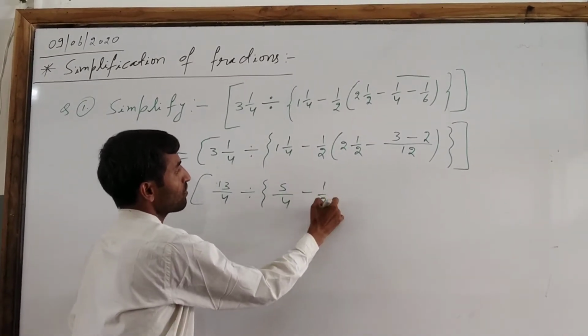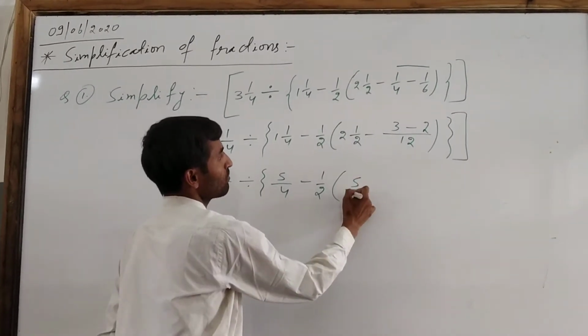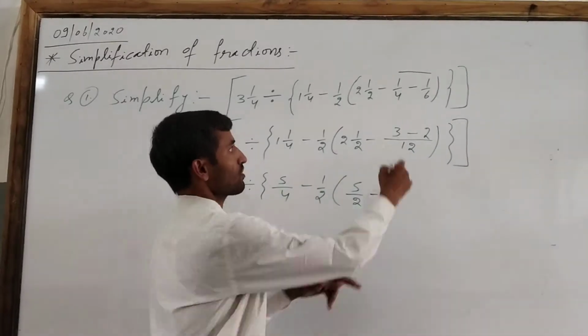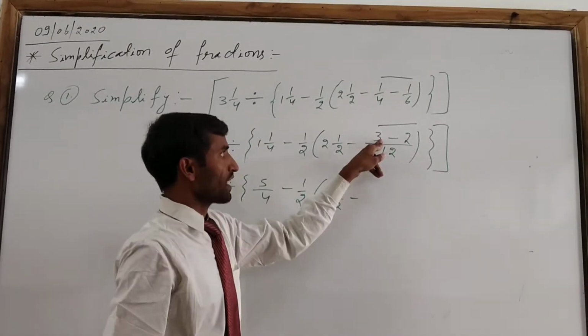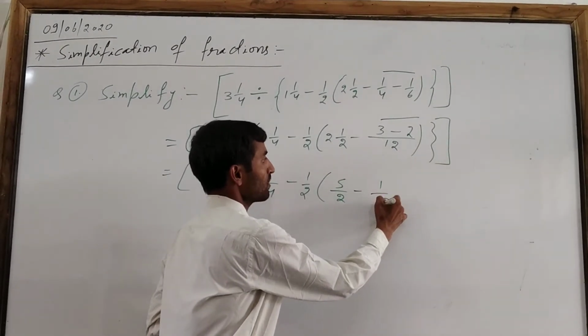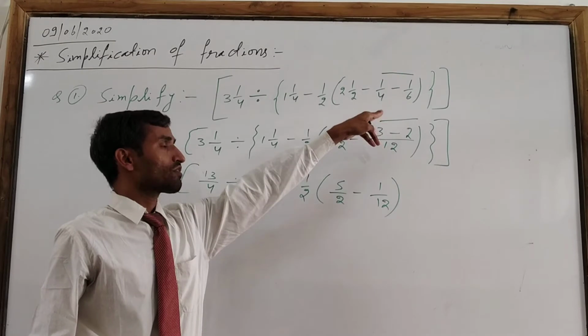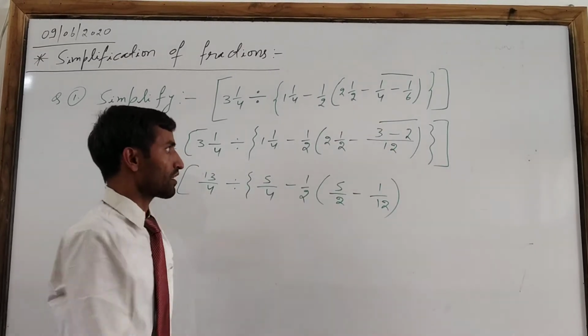Minus 1 upon 2 small bracket 2 2s are 4 plus 1, 5 upon 2, and after that subtract this: 3 minus 2, 1 will come, so 1 upon 12. So the vinculum, the bar operation, is completed.